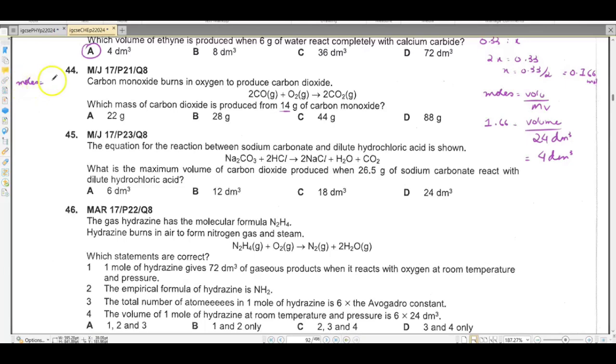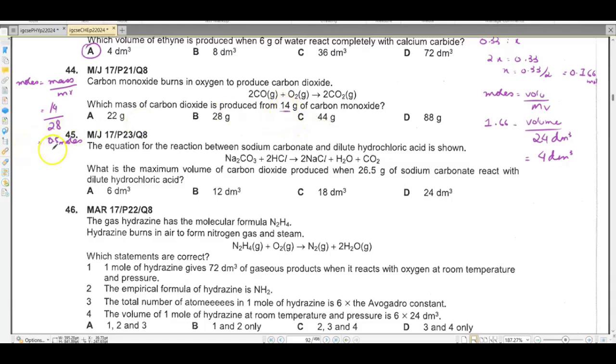So moles is equal to mass by Mr. So mass is 14 grams and Mr for carbon monoxide is 16 plus 12, 28. So 0.5 moles are there for carbon monoxide in 14 grams of carbon monoxide.